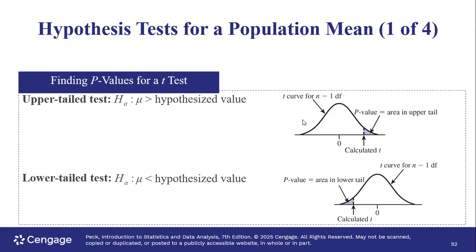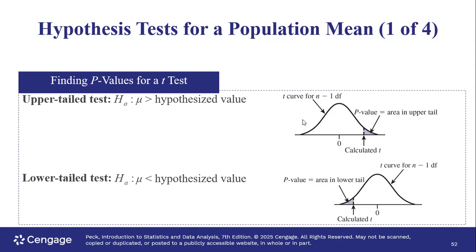In this case, mu is greater than the hypothesized value, which is the value in the null hypothesis. That is our educated guess. So what will be the p-value, or the probability value of obtaining a test statistic at least as extreme as what we have calculated from our sample? It is the area to the right of the test statistic under the standard normal curve.